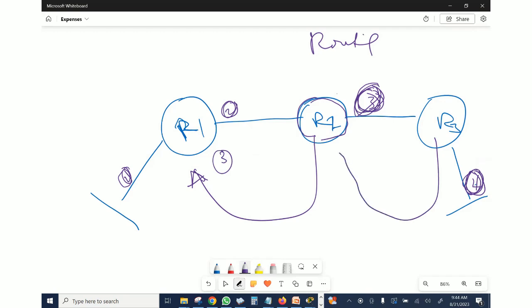R3 also will tell R2 that I have network 4 connected to me. Then R2 again will tell R1 that I have another network called 4. I just got it from R3, so you can add it to your record.